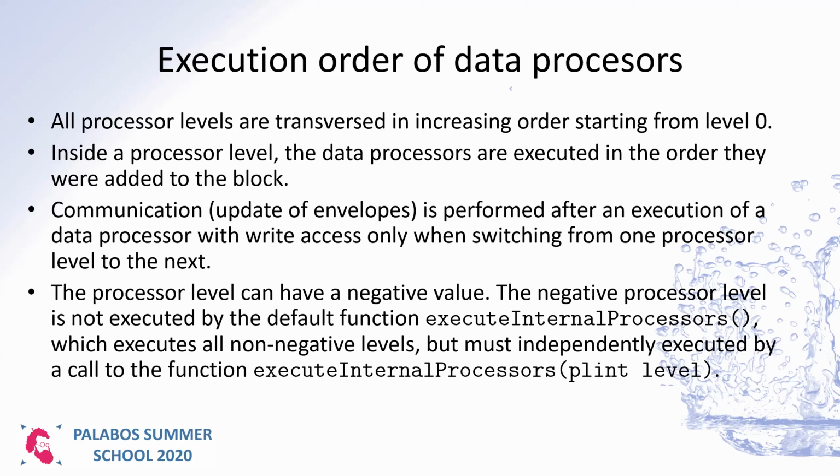During collision and streaming cycles, Palabos will parse all the data processors that are at positive processor levels and execute them automatically, but not negative ones. Those are the ones you want to execute only manually. You execute them by calling the method execute internal processors of the multi-block and providing as an argument the processor level at which you want the processors to be executed.